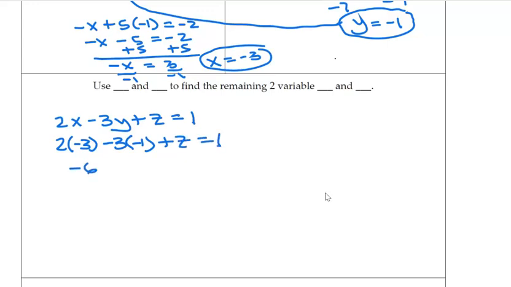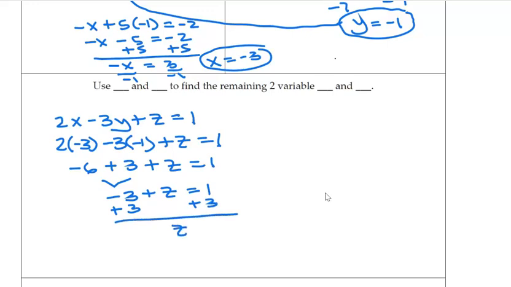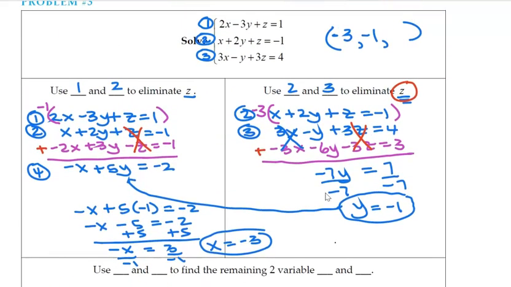So -6 plus 3 plus z equals 1. Combine those together. -3 plus z equals 1. And now let's add the 3 over. So when I do that, I get z equals 4. And that is the last part of my answer.